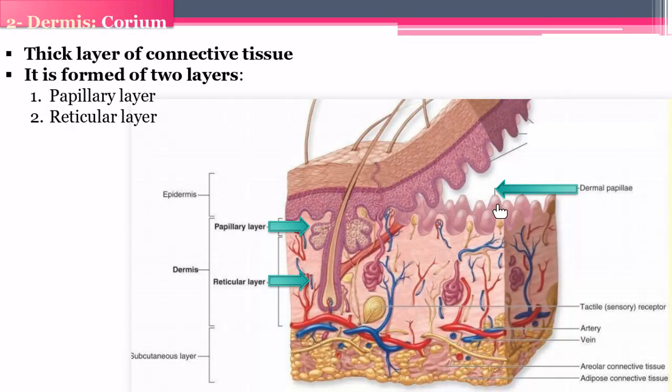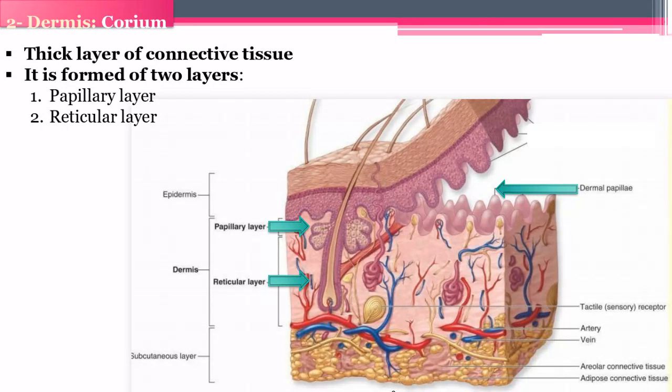Like we see the tongue papillae, similarly these upward projections are fitted into the downward growths of the epithelium. So these upward projections are called dermal papillae, and the deeper part is called the reticular layer. That means there are 2 layers, the papillary layer, and the deeper part, the reticular layer. I hope the 2 parts of the dermis are clear, dermal papillae and the reticular layer.